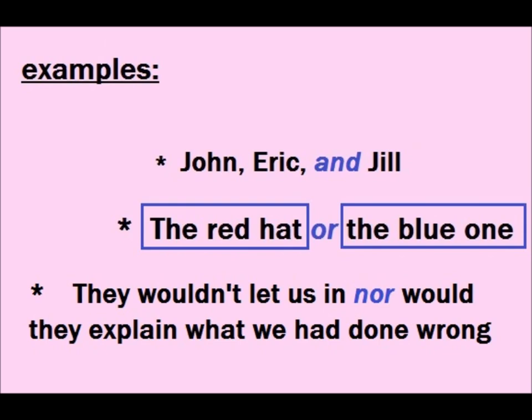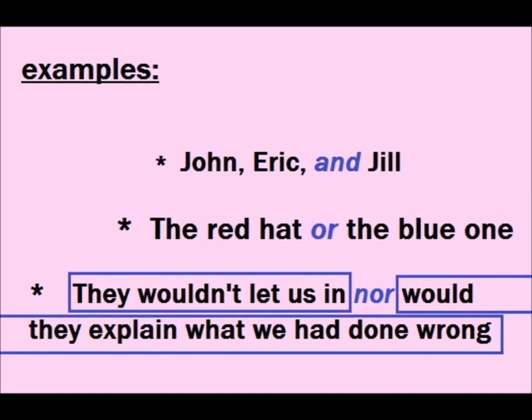Now, in the second example, the coordinating conjunction or is linking two phrases: the red hat, the blue one. And in the third example, the coordinating conjunction nor is linking two clauses. They wouldn't let us in, nor would they explain what we had done wrong.